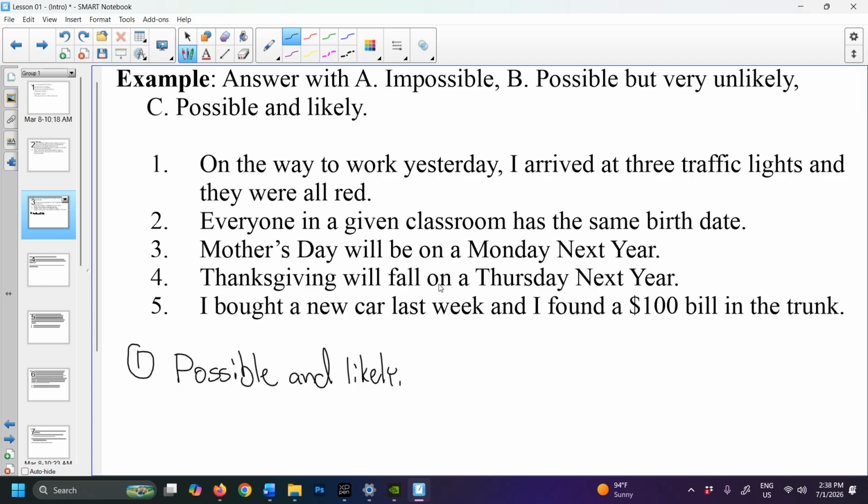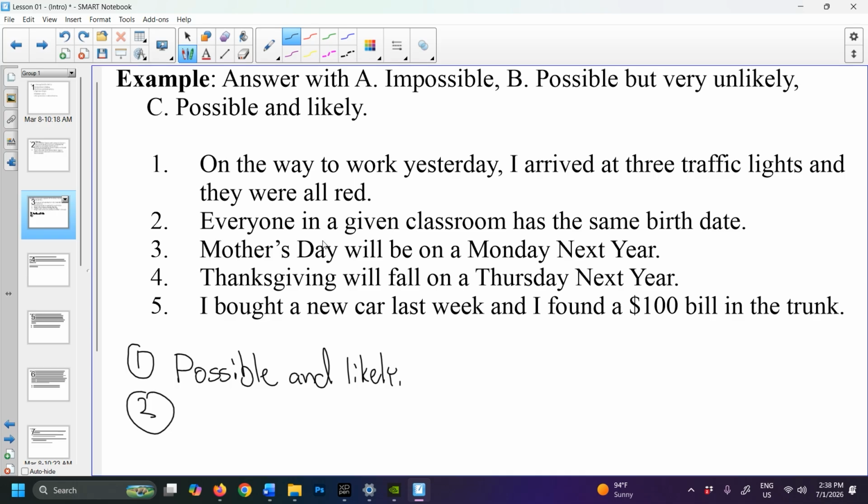All right. Now, let's talk about number 2. Number 2, everyone in a given classroom has the same birth date. Now, this seems similar to our first example, but let's see the difference. When I talk about 3 traffic lights, I only have 3 events encountering a traffic light 3 times. Each of those traffic lights only have 3 outcomes: red, green, or yellow.